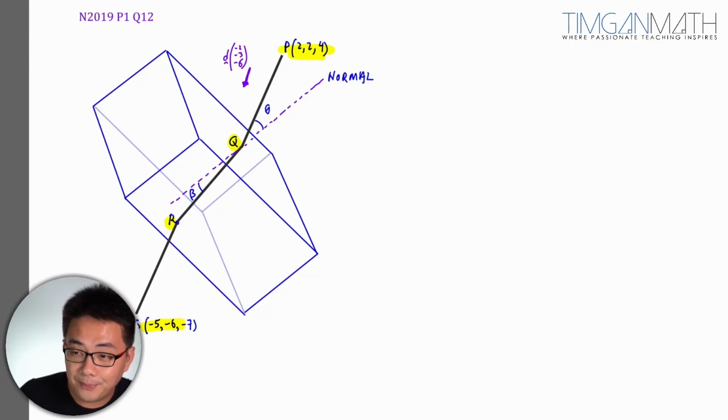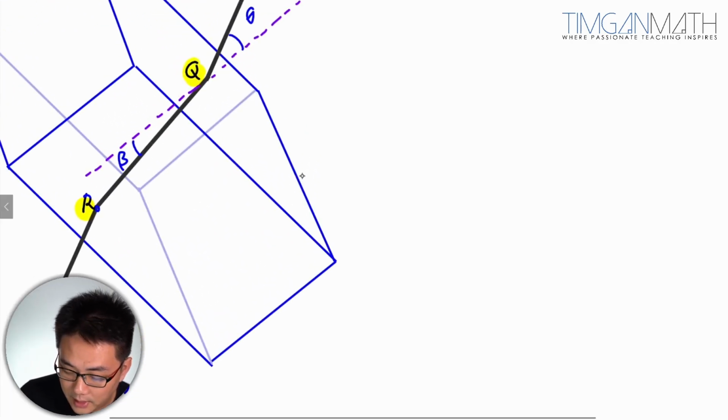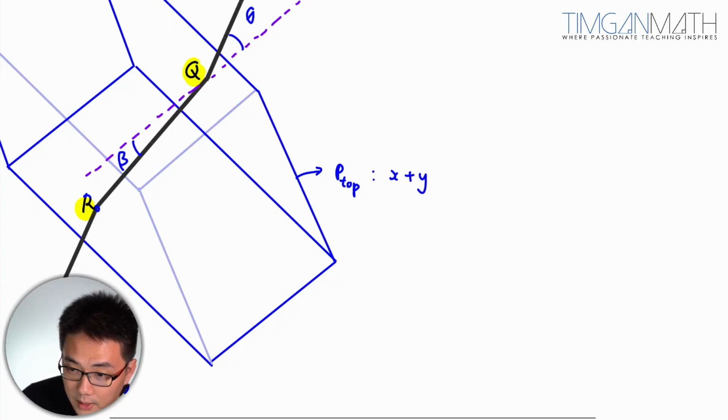Now, you're told that the top of the prism is a part of a plane. Because it's just a rectangle, it is obviously part of a plane, and a plane is infinitely long. The equation of the top plane, P top, is r dot (1, 1, 1) equals 1.